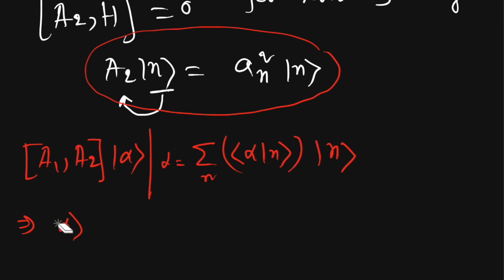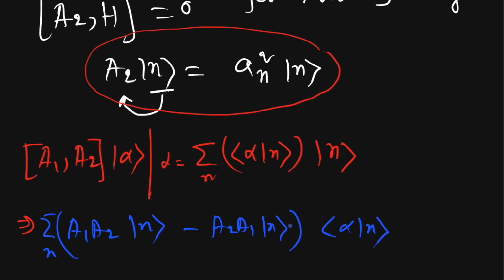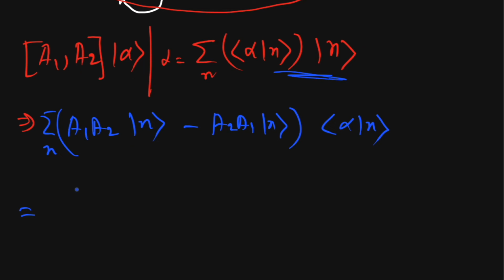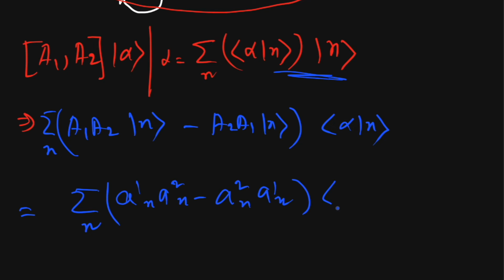If we operate on this state, we get summation over n of (A1 A2 minus A2 A1) |n> alpha_n. Since we suppose these are all non-degenerate, this equals summation over n of (a1 a2 minus a2 a1) |n> alpha_n.